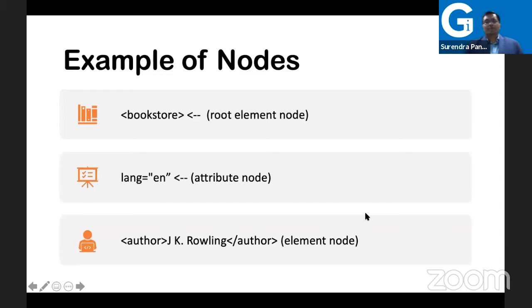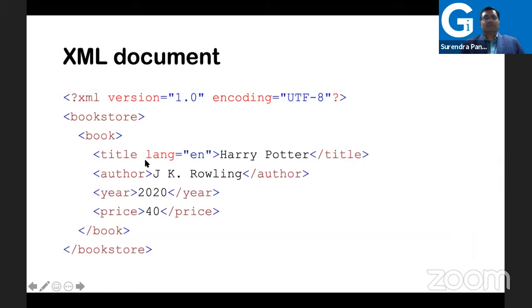Now in this example, the bookstore is the root element. There is language equal to EN, and this is what the attribute is. EN is for English, right? So if you want to access the specific language, the key here is language, and for that we call it an attribute.